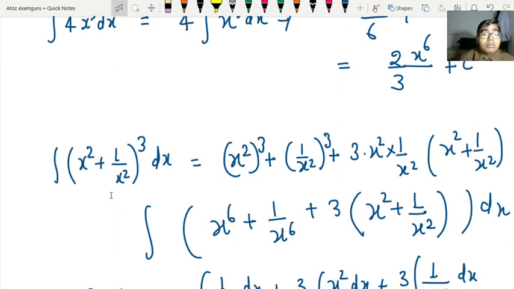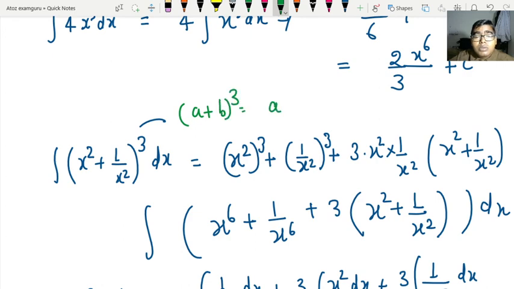And in this, because it is the identity, a plus b whole cube, apply the identity. Keep in mind, identity is applied for right hands. A plus B whole cube is A cube plus B cube plus 3AB bracket A plus B. Using this identity, simply do the same.